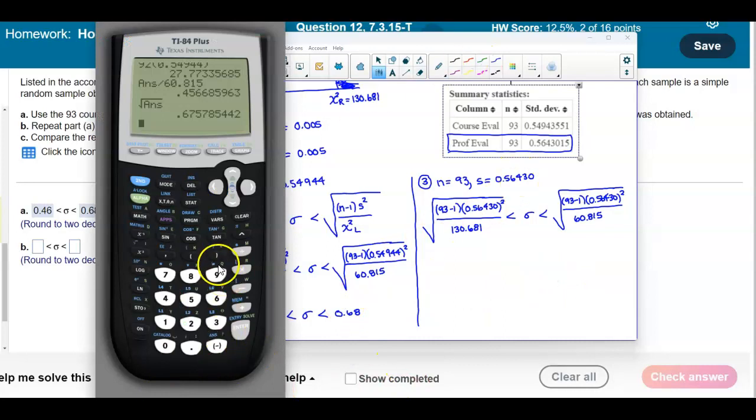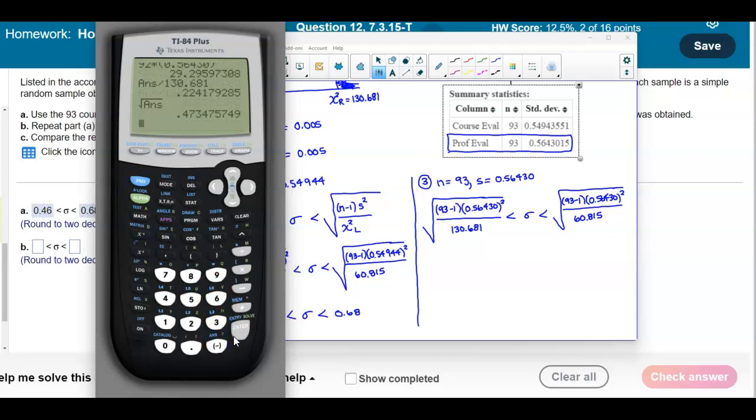We take 93 minus 1, which is 92, times 0.56430 squared, divide that by 130.681, and then take the square root of that.